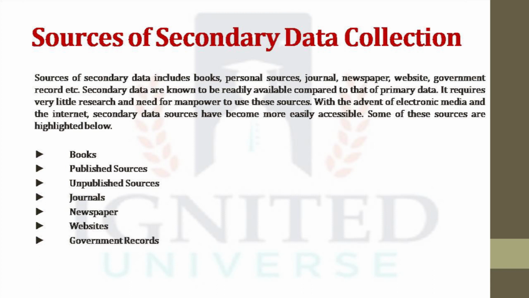And with the advent of electronic media and the internet, secondary data sources have become more easily accessible, like some of the sources that are available widely on internet are books, published sources, unpublished sources, journals, newspapers, websites, government records.